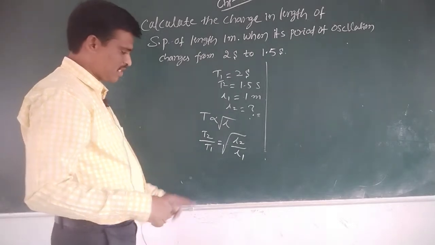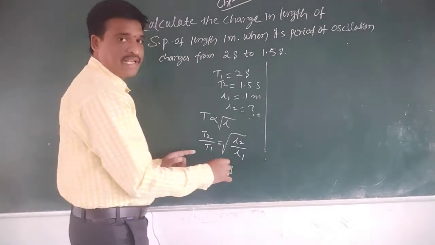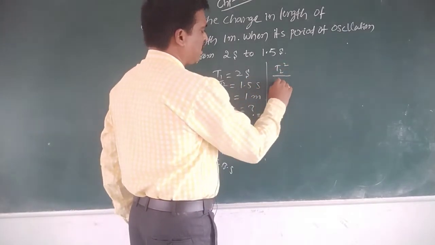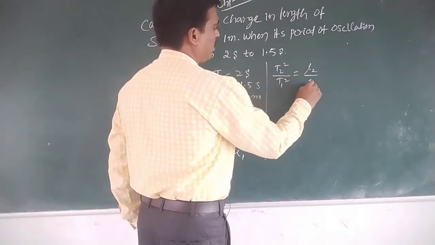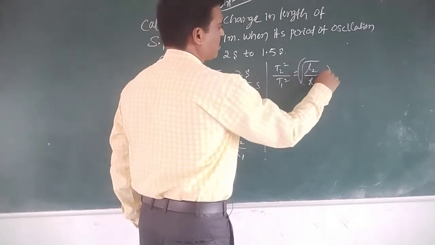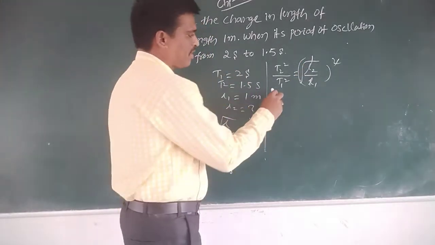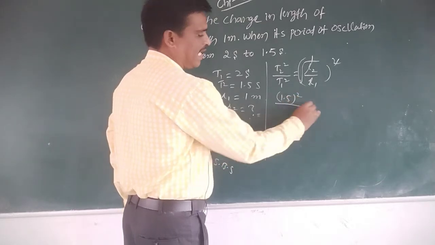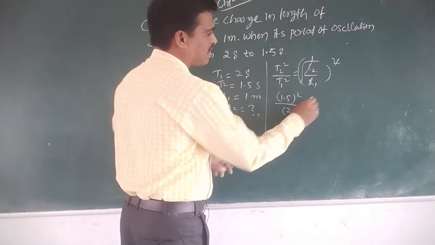Squaring on both sides, T2 square by T1 square is equal to L2 by L1. Square root gets cancelled. Clear? T2 means 1.5 whole square, T1 means 2 whole square, that is equal to L2.